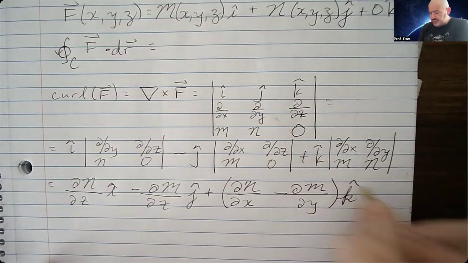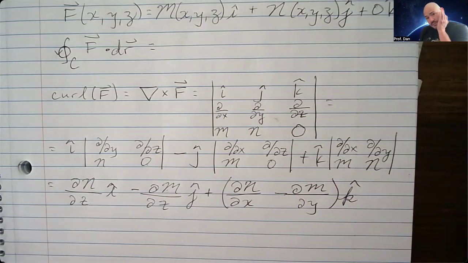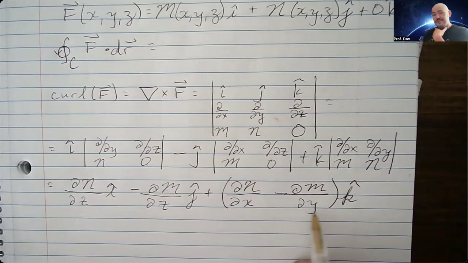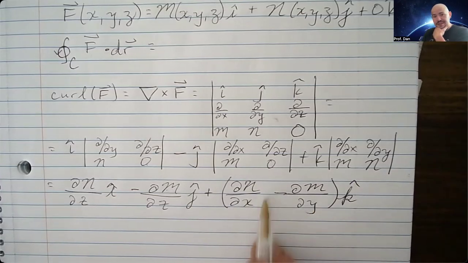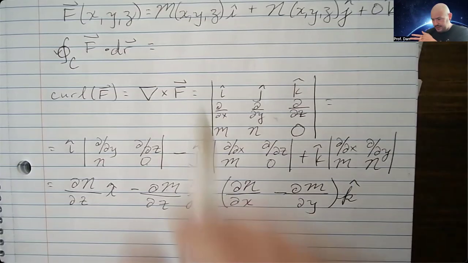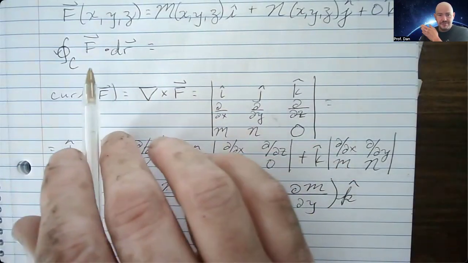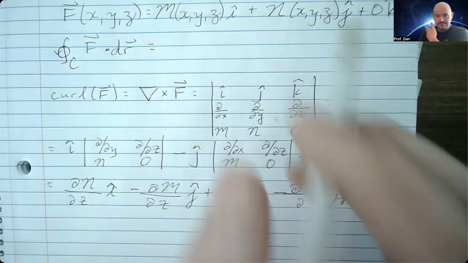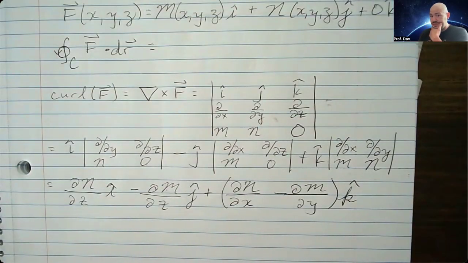Which is very, very interesting. Because if you've done the homework for the section on Green's theorem, you'll recognize this immediately, right? This, remember, was the integrand for the double integral that we would convert our line integrals into. Interesting stuff.